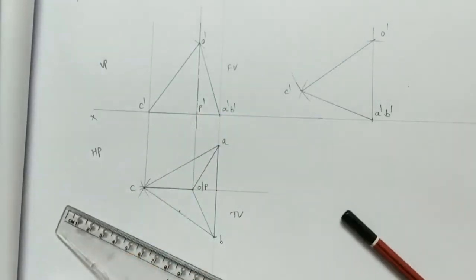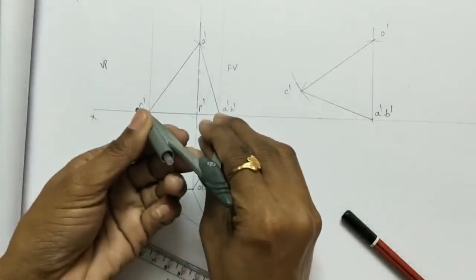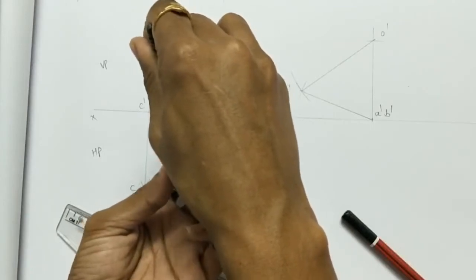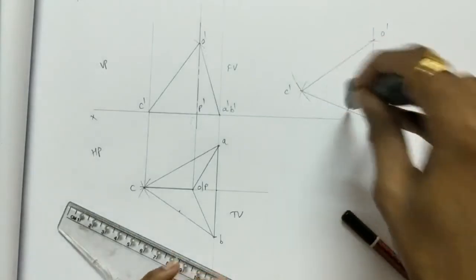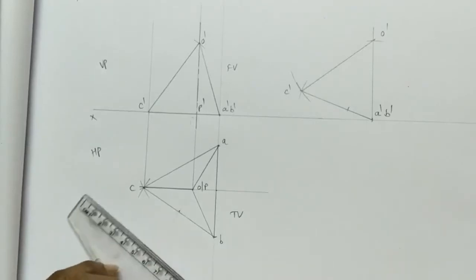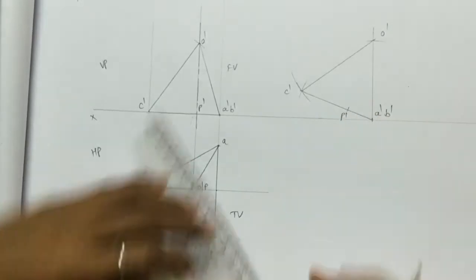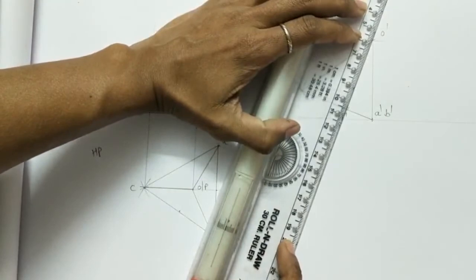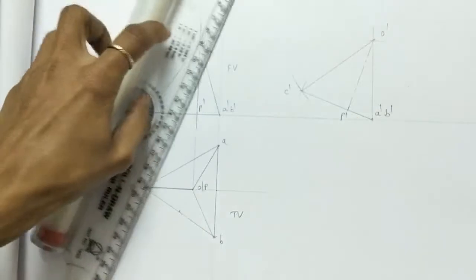O dash P dash is remaining, so measure P dash from A dash B dash. So this is point P dash. You can join O dash P dash as the axis.